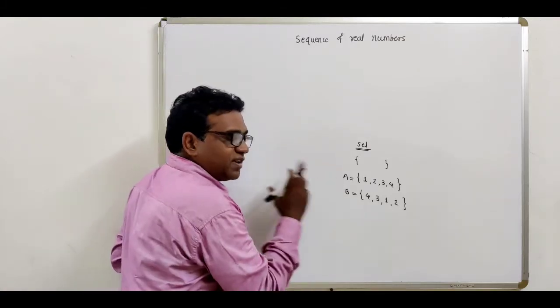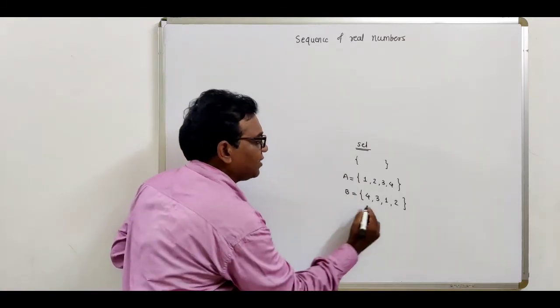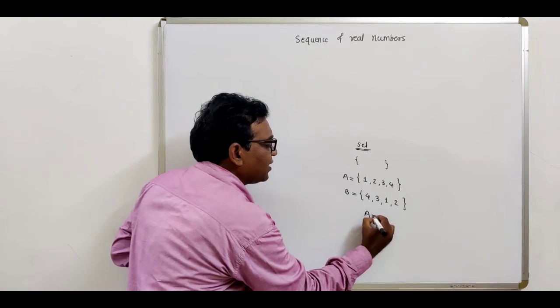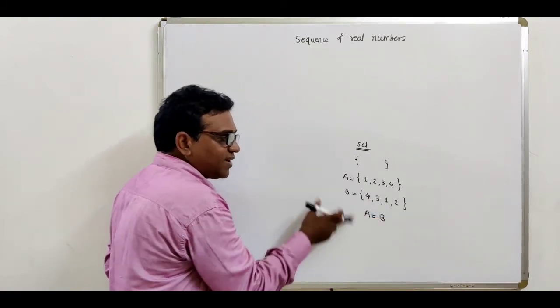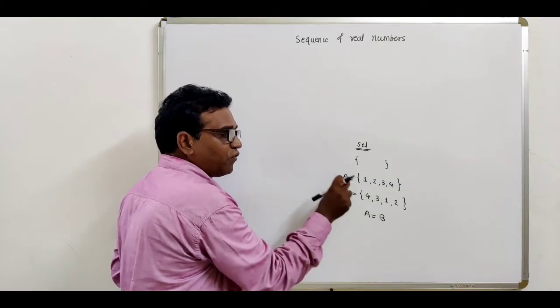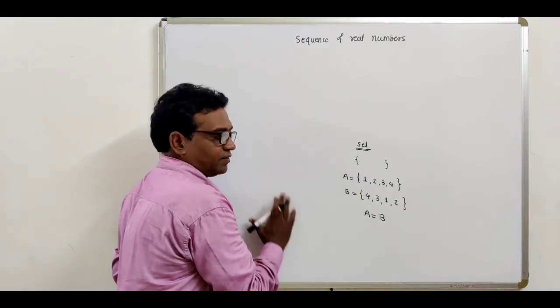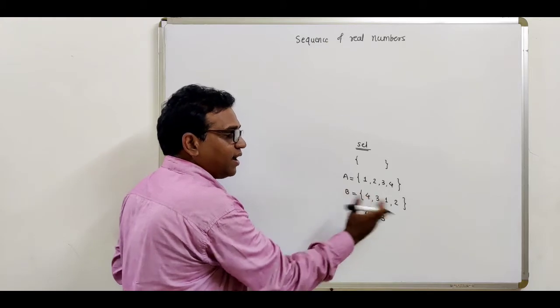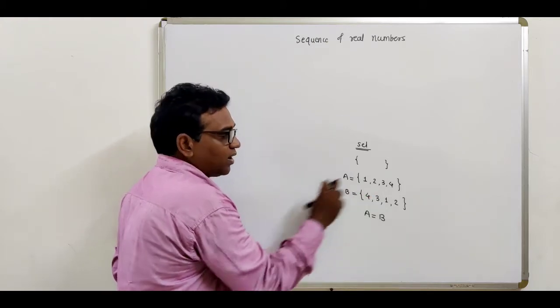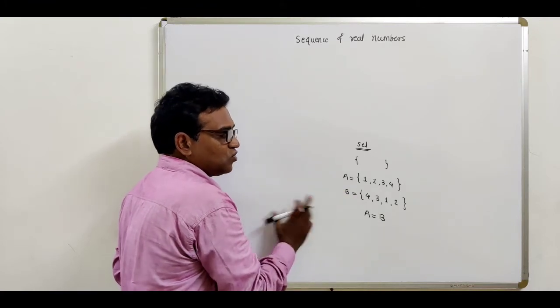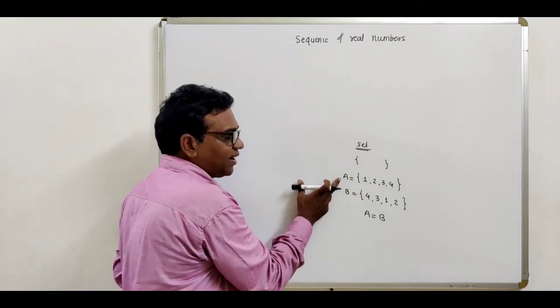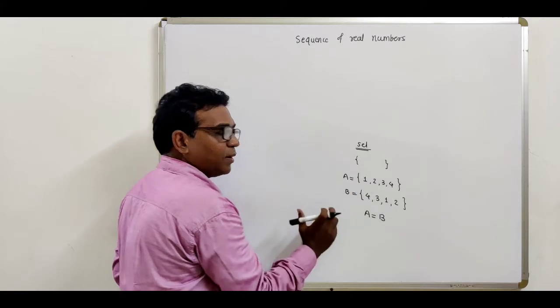Then according to set theory, we can say that set A is the same as set B, because in set theory, the position of the element does not matter. We can write the element anywhere.